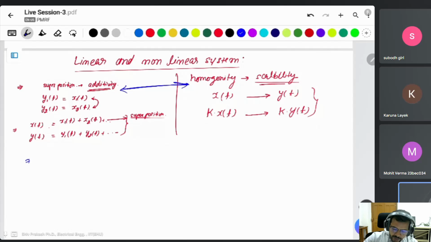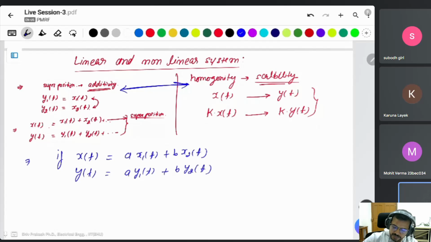For the final, if you combine both in a system, suppose you have the input a x1(t) plus b x2(t), then the output should also be a y1(t) plus b y2(t). This scaling property shows homogeneity, and the summation of the two inputs denotes additivity or superposition.